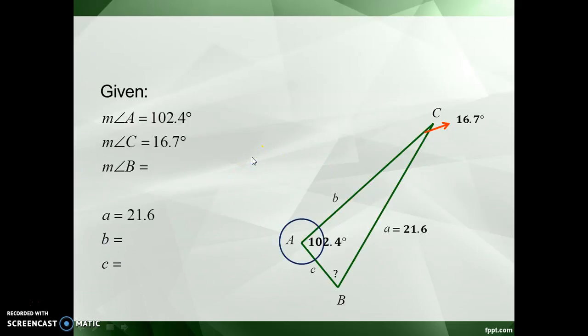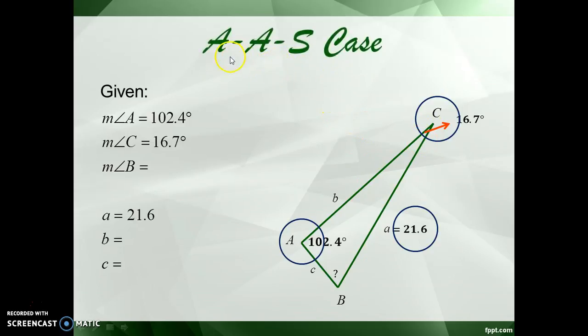Given an angle here, an angle here, and the adjacent side, the two angles and the adjacent side, that is an AAS case, or angle-angle-side case, meaning we can apply the law of sines.